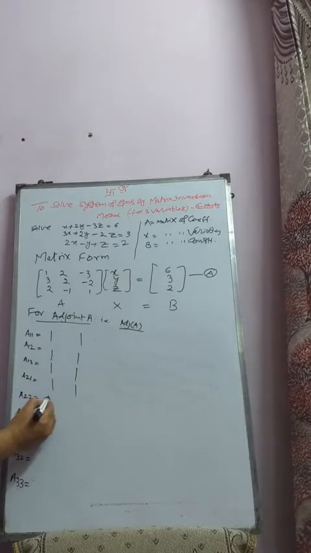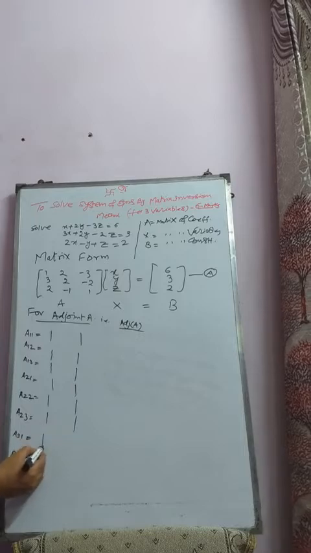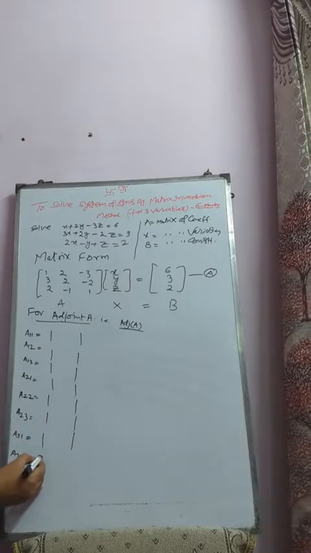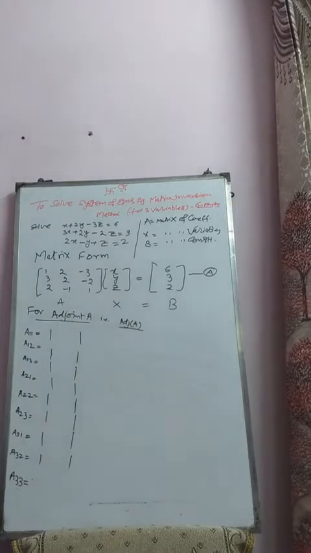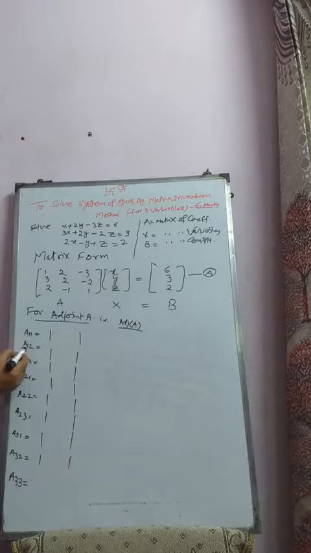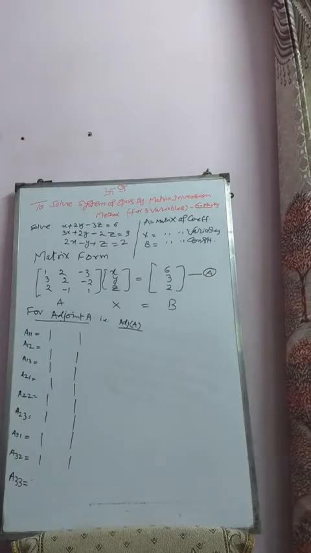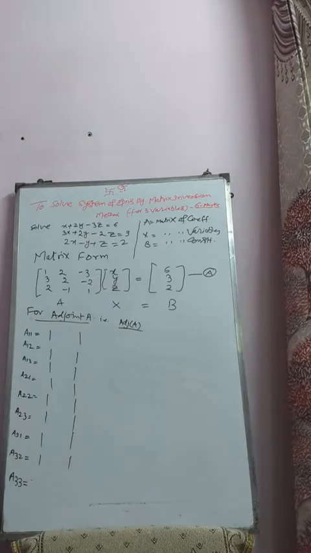You look, children, for cofactors we take the power of minus 1 to the power n, the sum of the suffix. So if the sum of the suffix 11, 12, 13 is odd, we will have the additional minus sign. If it is even, then no sign as usual.